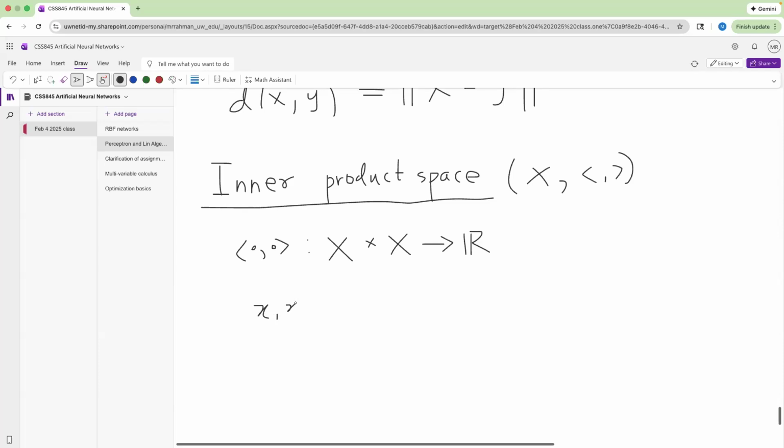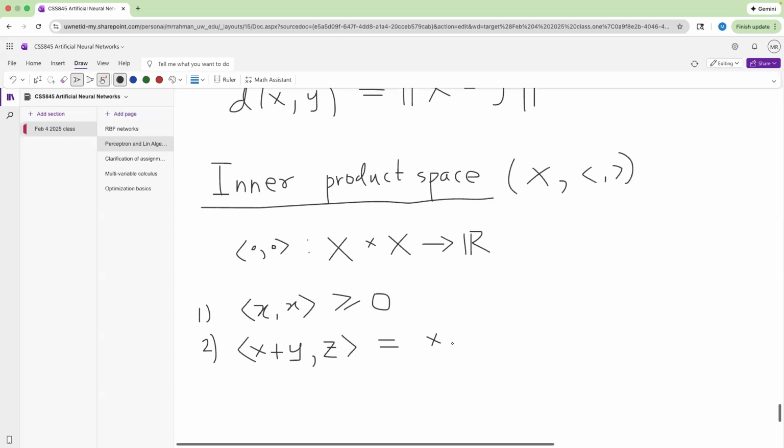You have some properties. The inner product of a vector with itself has to be positive. That's the first property. What is the next property? If you add two vectors and take the inner product with a third vector, then the inner product is linear in the first argument.